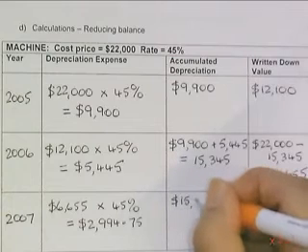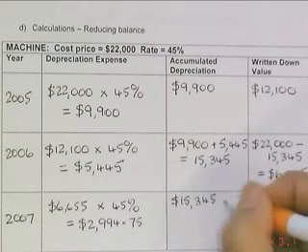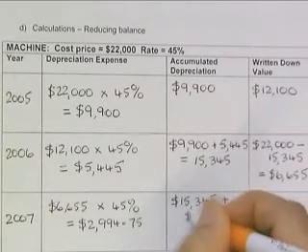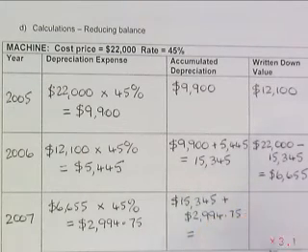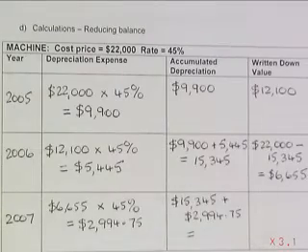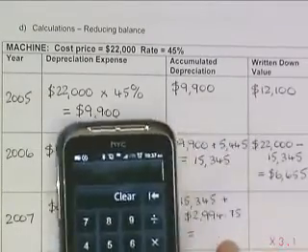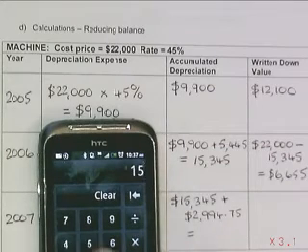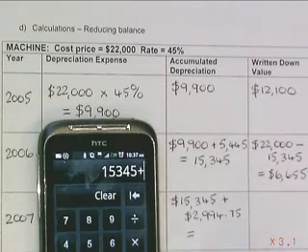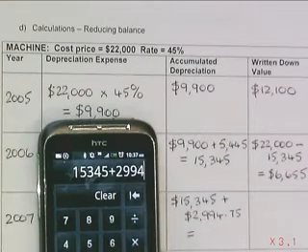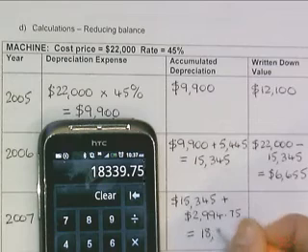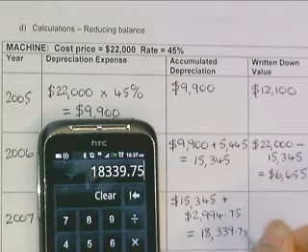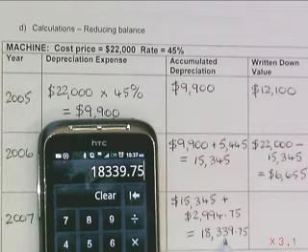We're now going to add to that the latest depreciation amount, which is $2,994.75, and that gives us $18,339.75 as the balance of accumulated depreciation at the end of year 3.